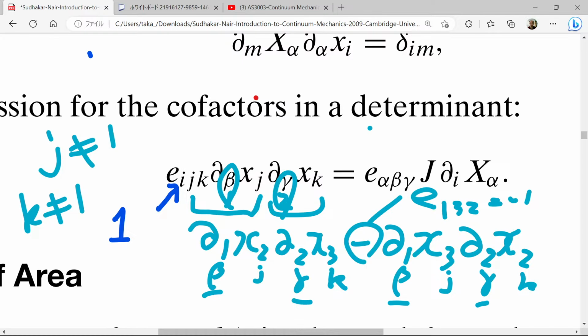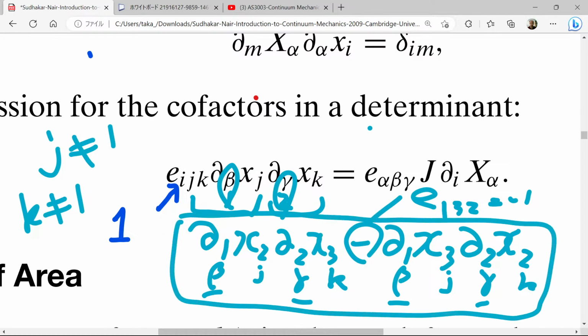So this thing is a cofactor of something. See, 1, 2, 2, 3 minus 1, 3, 2, 2.